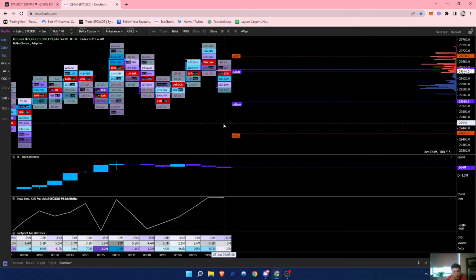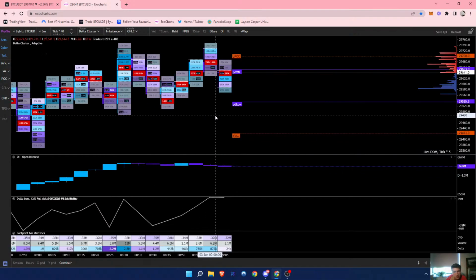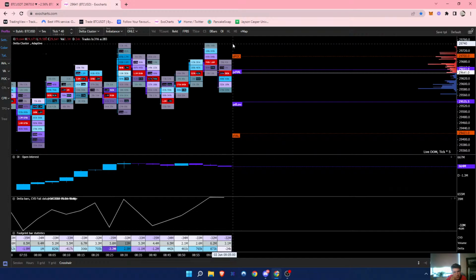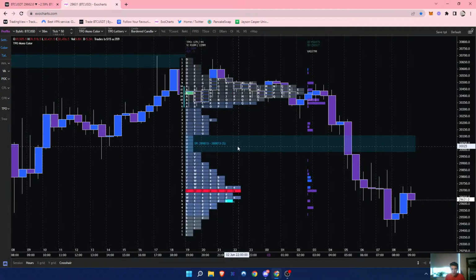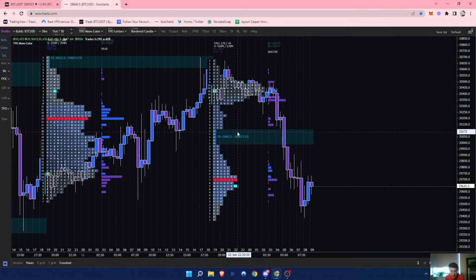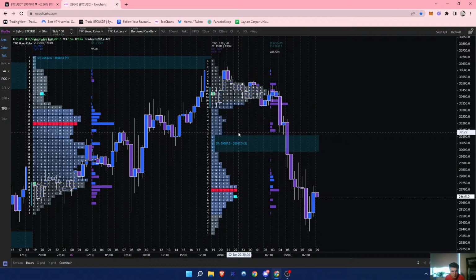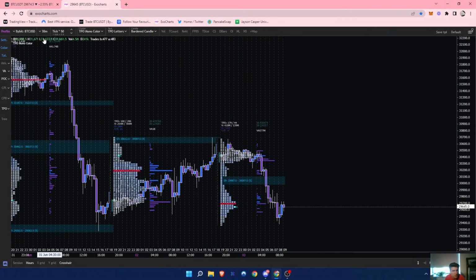Dropping down. We'll see if there is. So a good amount of selling volume in here. Again, could it be a stop loss hunt? Kind of hard to tell.